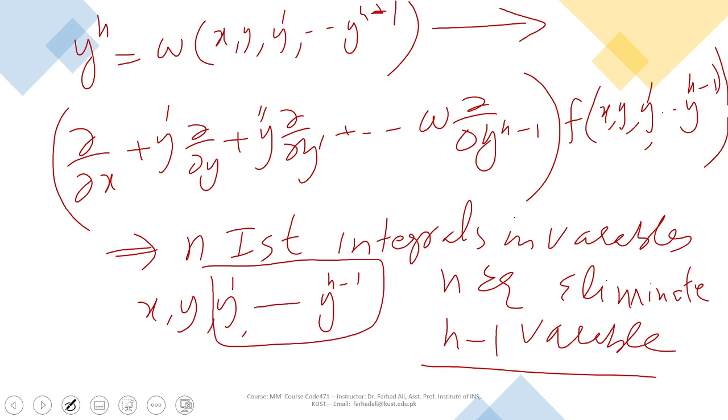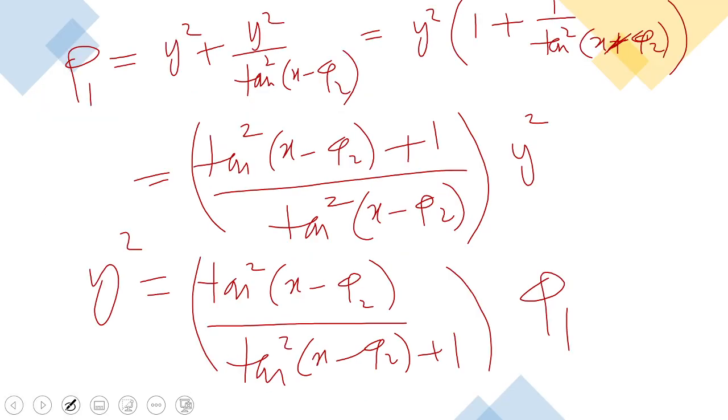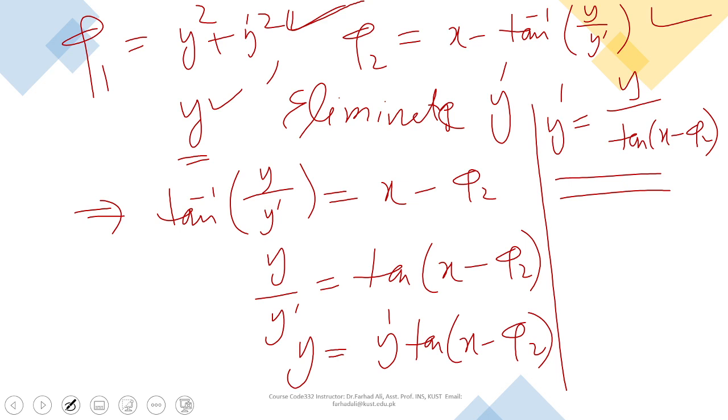For example, in the previous slide we had n equal to 2, so we have two equations, and we have to eliminate one variable, which is y dash. So with two equations you have one variable to be eliminated.